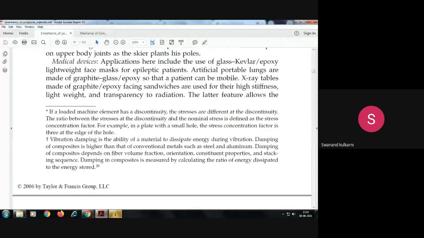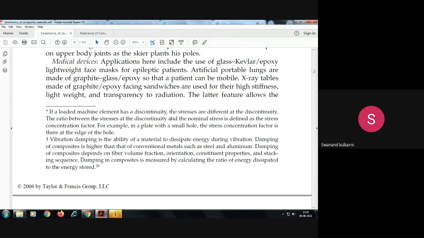So one example we started with was the aircraft, then we took the example of the space shuttle, third we took the example of sporting industries, and then one example of medical devices. Is it okay?